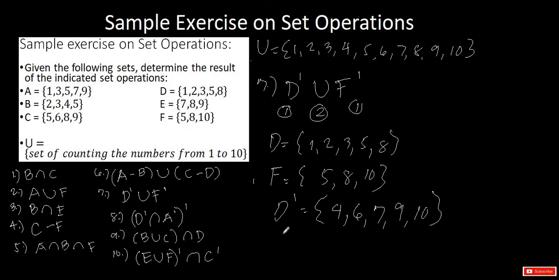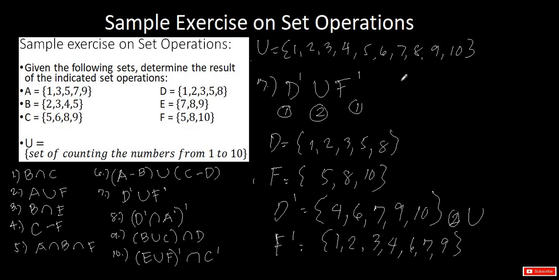Next, let's list the elements of the complement of set F. These are elements found in the universal set that are not found in set F. So we have 1, 2, 3, 4, 6, 7, and 9. From here we can perform step 2, which is to take the union of the elements of D complement and F complement.